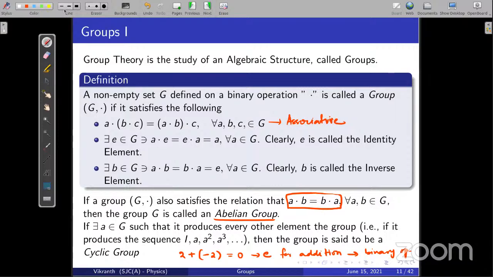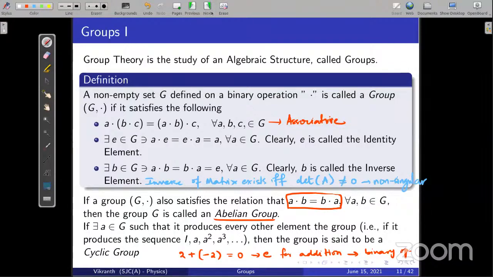The inverse for a matrix, I'm going to write this in blue. Inverse of matrix, I hope it's visible. Yeah. Inverse of matrix exists if and only if the determinant of that matrix, if it's A, is not equal to 0. Right? So we call them non-singular. These are called the non-singular matrices.